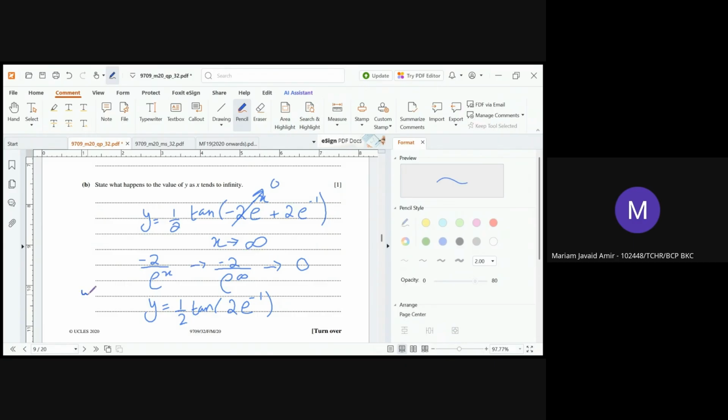So when x tends to infinity, y tends to half tan of 2e to the power negative 1.